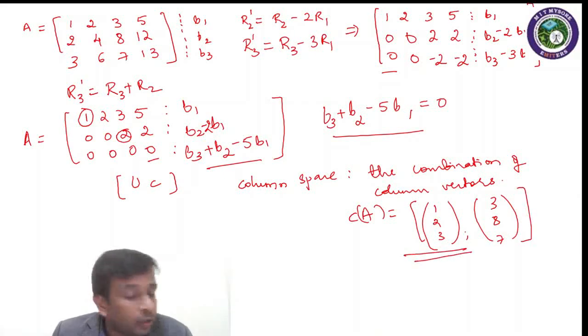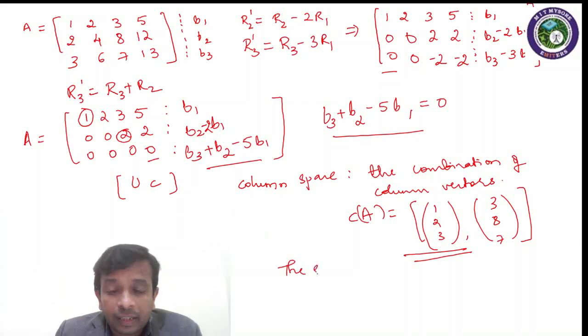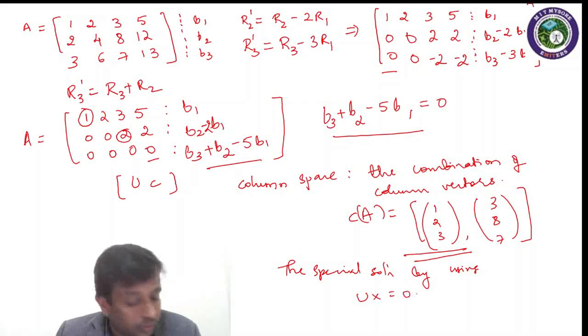So this would be the column space. The special solution for this matrix can be found by using Ux equal to 0, right?